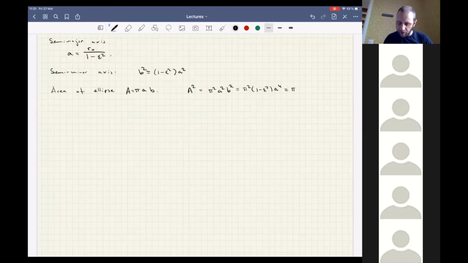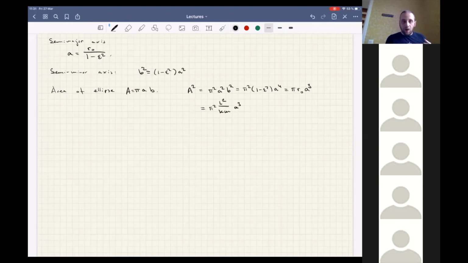So what we're going to have is pi r0 times a cubed. And so this is equal to pi squared L squared divided by km times a cubed.